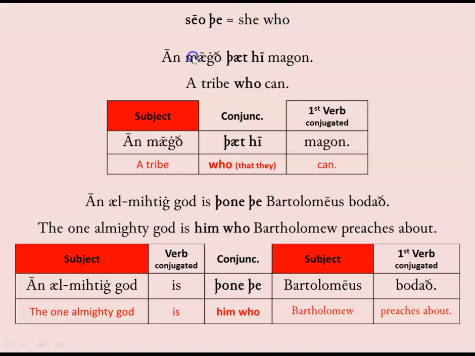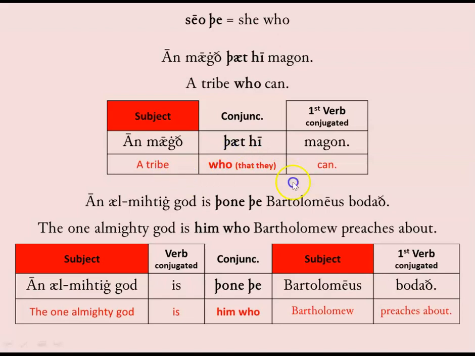An mægth the he machon. A tribe who can, that they, and machon is can, an meaning a single tribe. So an mægth the he machon. Here the relative conjunction is the he, meaning that they, or just who.